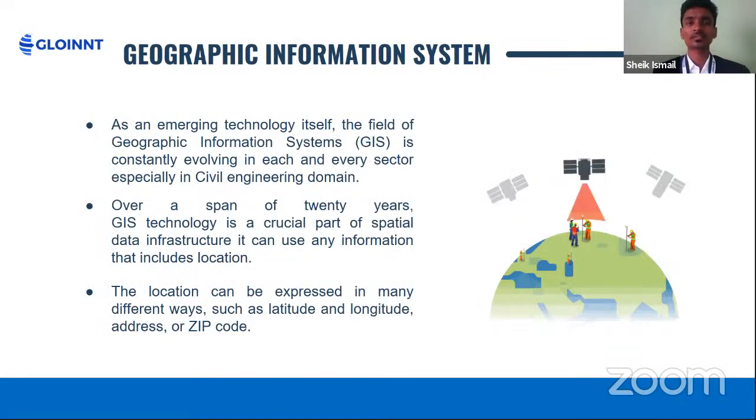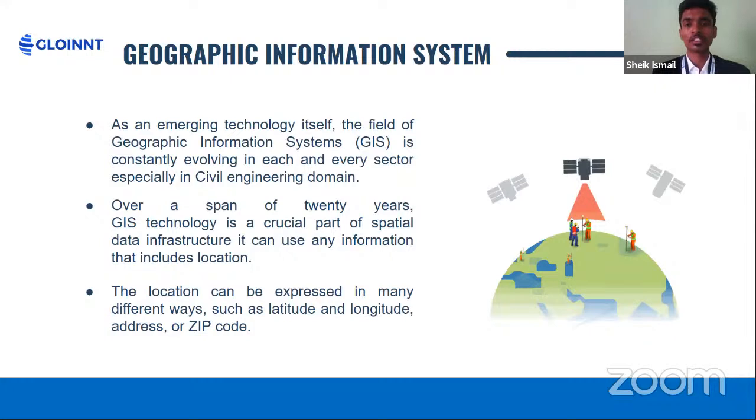GIS is an emerging technology itself. The field of geographic information system is constantly evolving in each and every sector, especially in the civil engineering domain. Over a span of 20 years, GIS technology has become a crucial part of spatial data infrastructure, and it can use any information that includes a location.